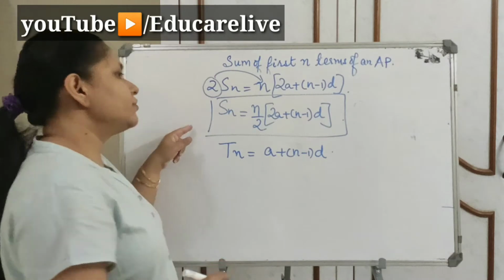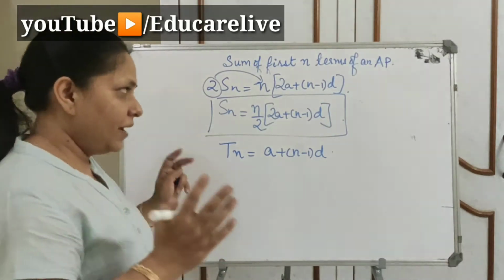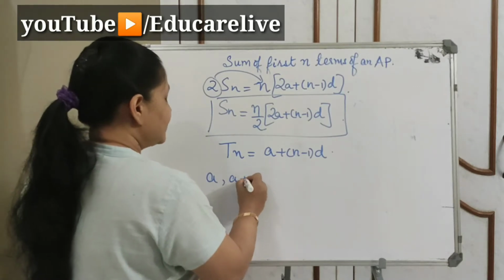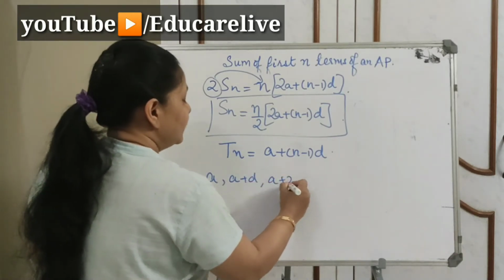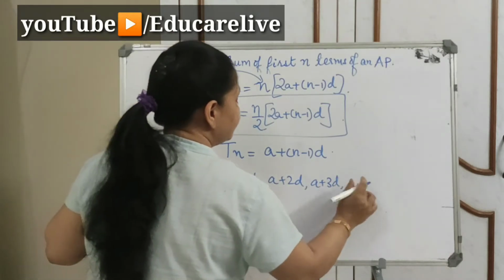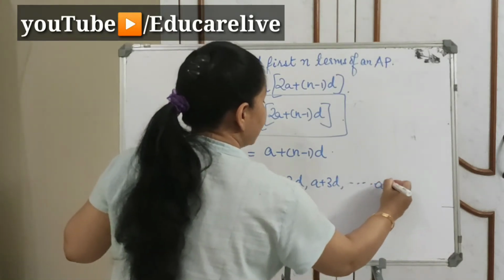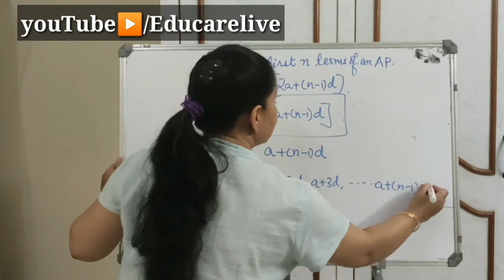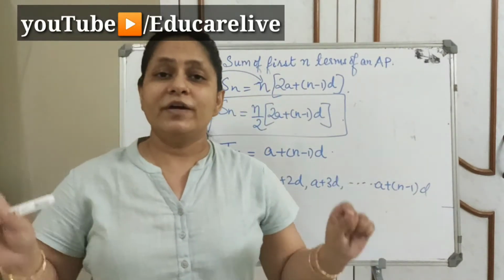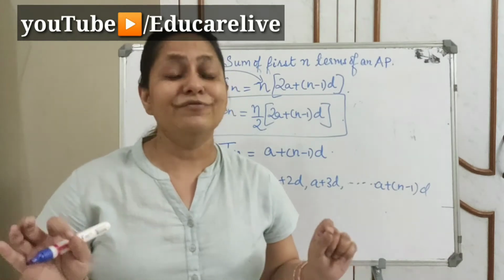So if you remember only these two formulas, and you remember that the AP is like this: a plus d, a plus 2d, a plus 3d, and the nth term is a plus n minus 1d. If this much you remember, then you can crack any question of an arithmetic progression for sure.